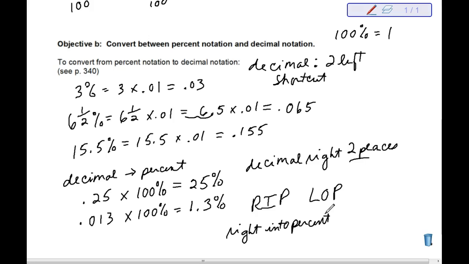Right into percent, left out of percent. RIP-LOP is a shortcut way to remember that. So there's some information about section 6.1. I hope that helps you in your studies.